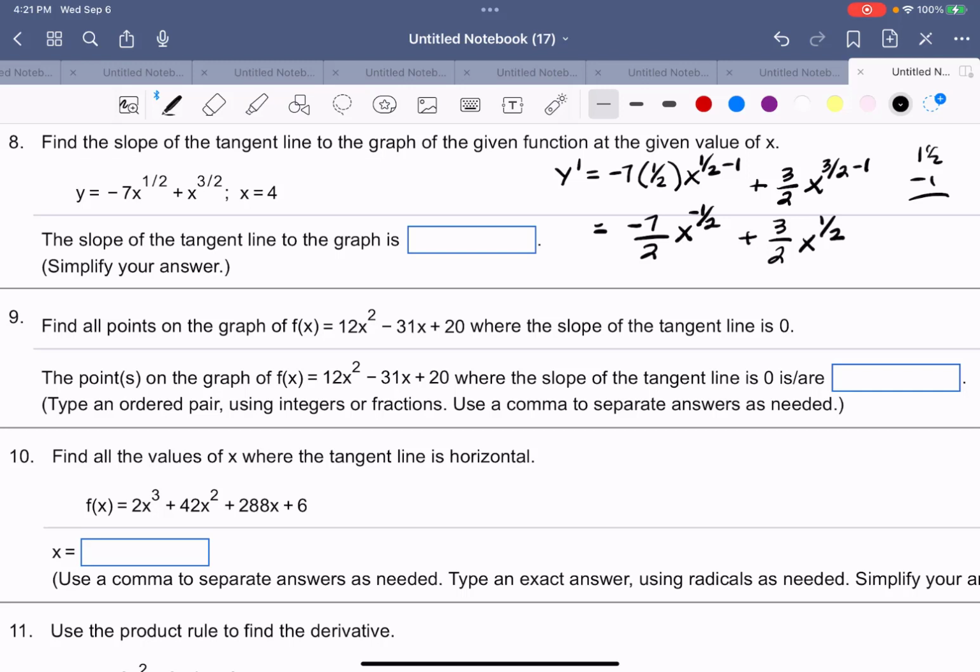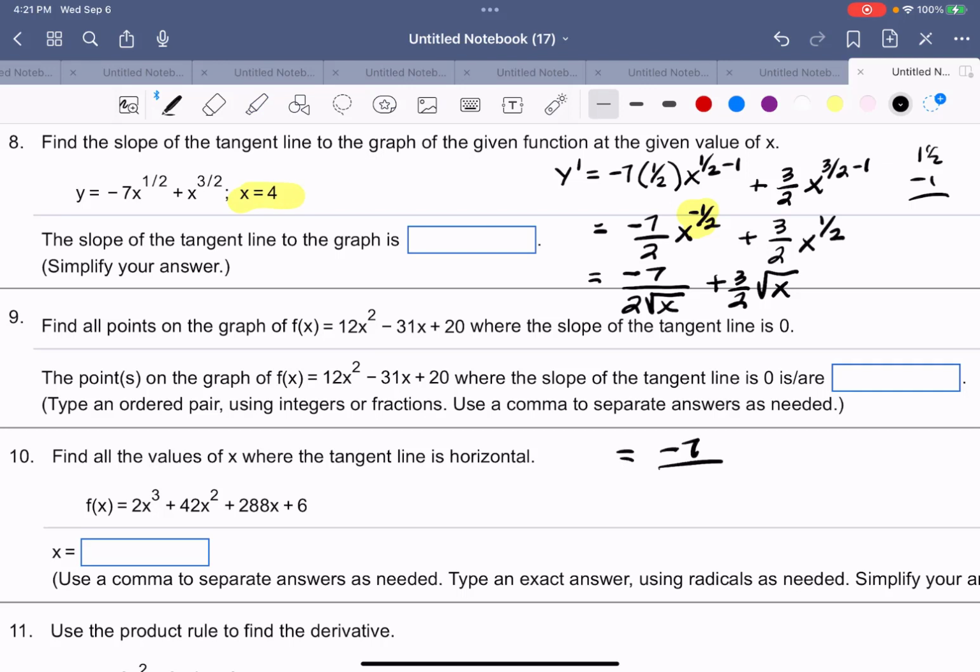Now the only thing I want to do here is go back to square root notation, and I want to take this negative exponent right here to the denominator. So I've got negative 7 over 2 square root of x, because remember x to the 1/2 is the square root, the negative puts it in the denominator, plus 3/2 times the square root of x. And our number here is 4, so we're going to plug that in.